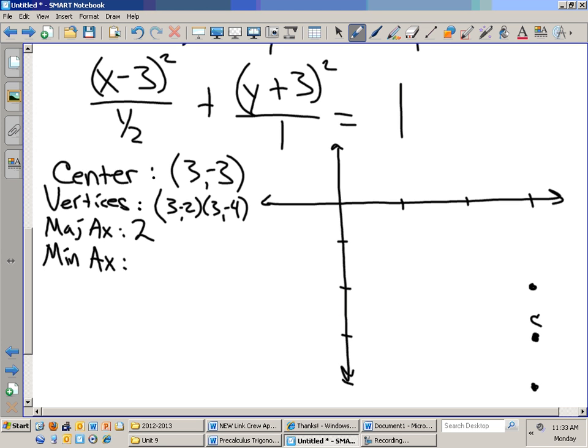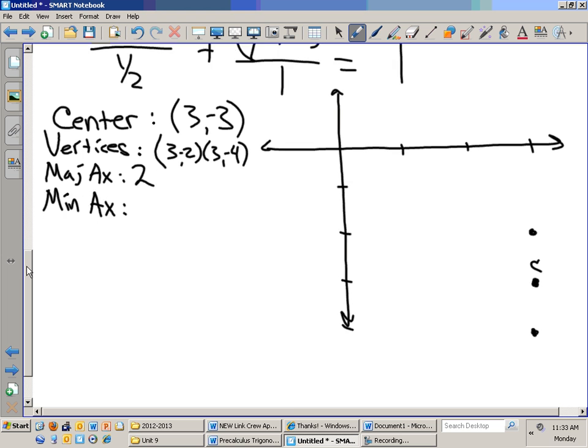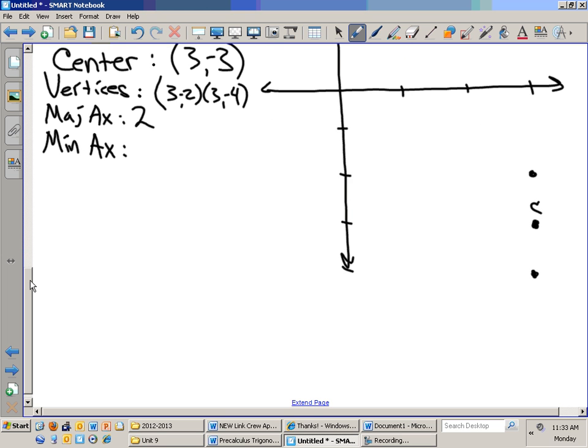Here's where we fell apart last hour, or second hour. Minor axis. Minor axis has to deal with the b value, right? Well, I know that b squared is equal to 1/2, correct? So that means that b is equal to the square root of 1/2. Square root of 2 over 2. Very good when you reduce that, or 0.7071.